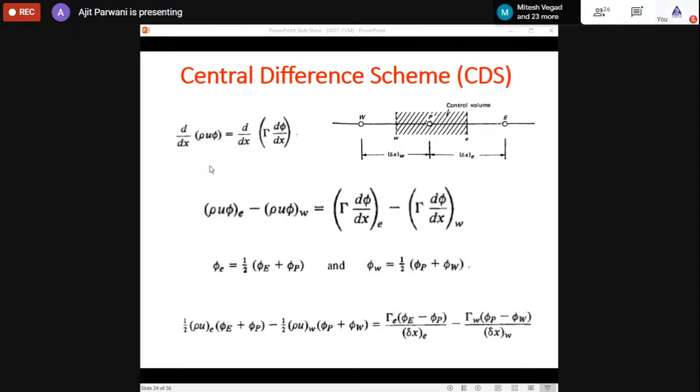There are three equations that I described in my first slide. One is the continuity, one is the momentum, and the third one is the energy equation. The energy equation is the equation for the temperature, and the continuity and momentum equations are the equations for the velocity. So we can get this velocity term by discretizing the momentum and continuity equations.